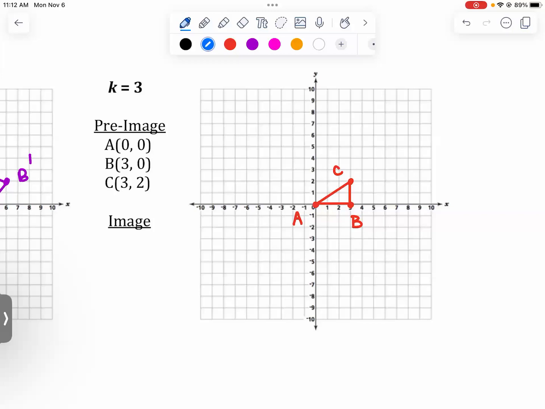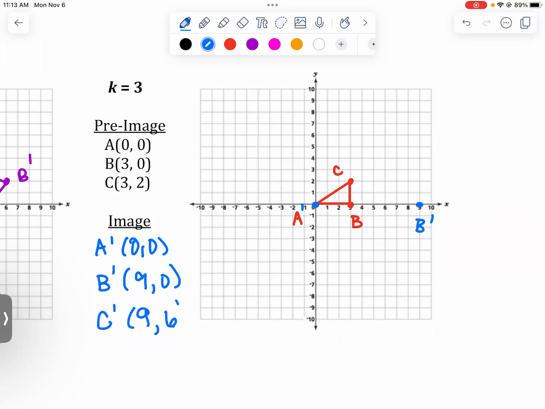Okay, so if K is 3, what happens to point A? Nothing, it stays. Okay, but B will now become 9, 0. And C will now be 9, 6.